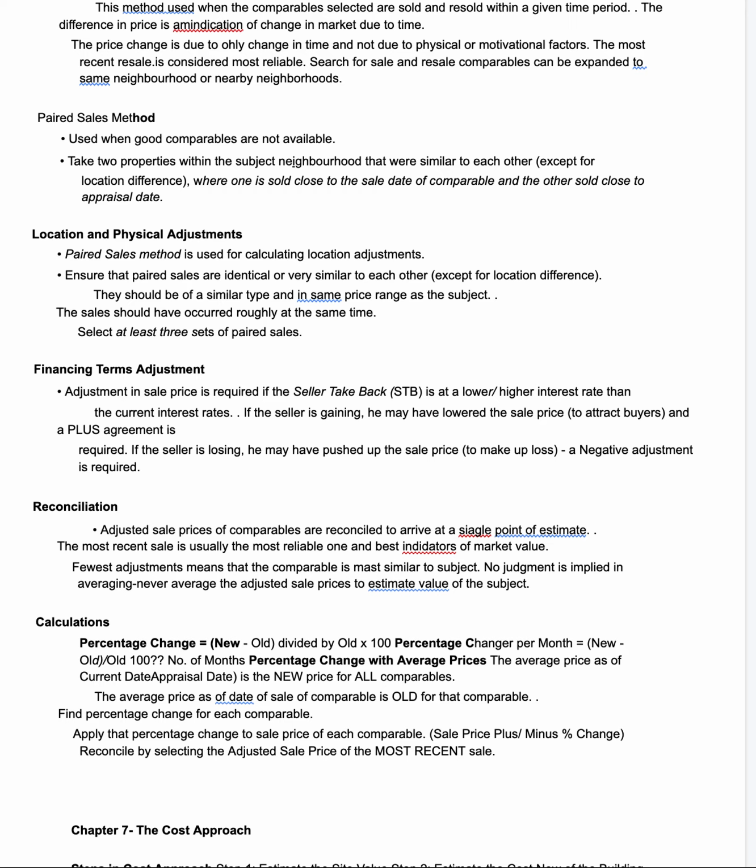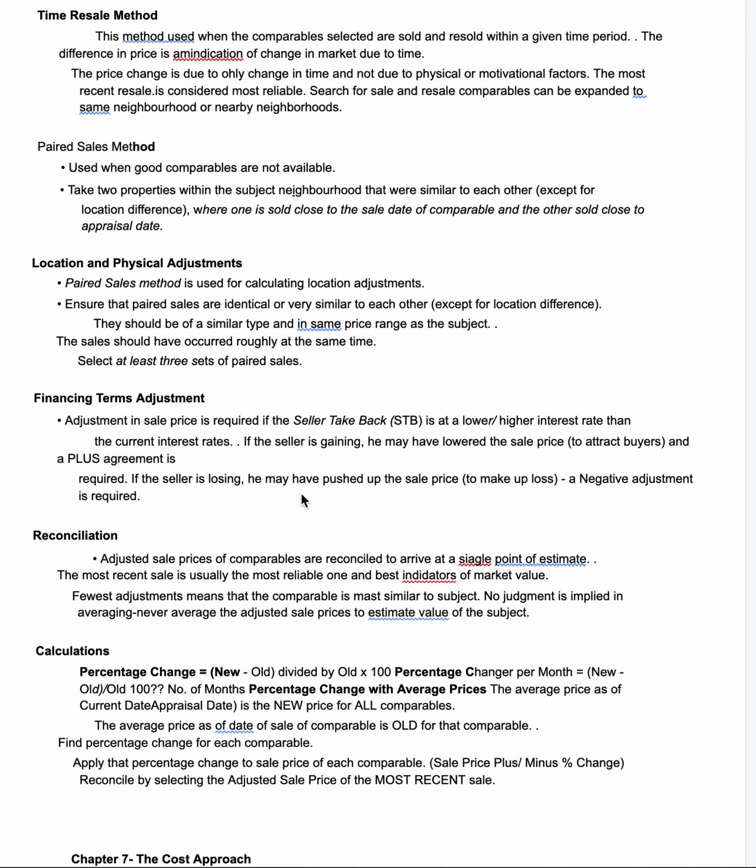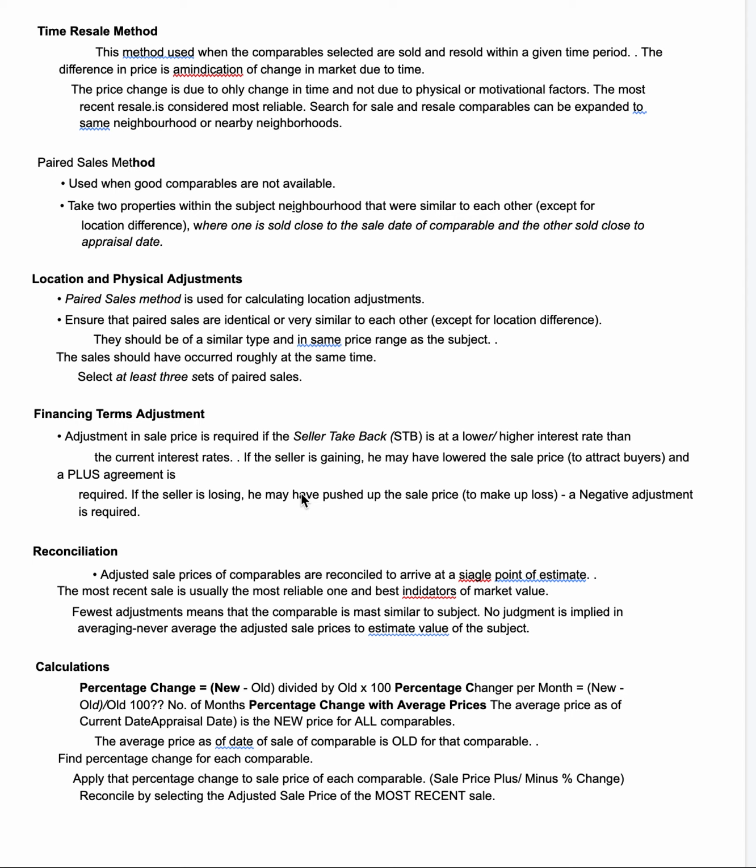So again, to recap, there are five steps in the direct comparison approach. There are four essential elements that need to be considered when selecting good comparable sales and listings. A good comparable listing assists in telling the appraiser what the property is not worth, which is the upper limit of the value.